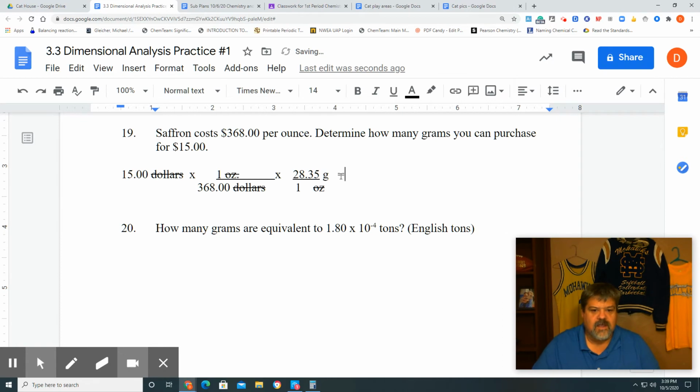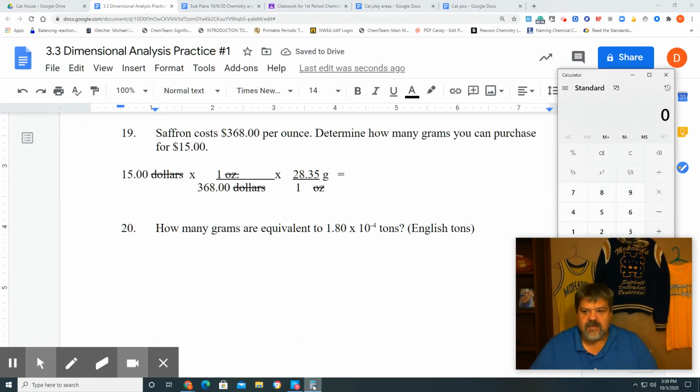So we're going to go ahead and do the math. Once we put the math in there, we're going to take our $15. We're going to divide that by 368. And then once we have that number right there, we're going to multiply by 28.35. Remember, we divide by the bottom, multiply by the top. Ones we don't have to do.